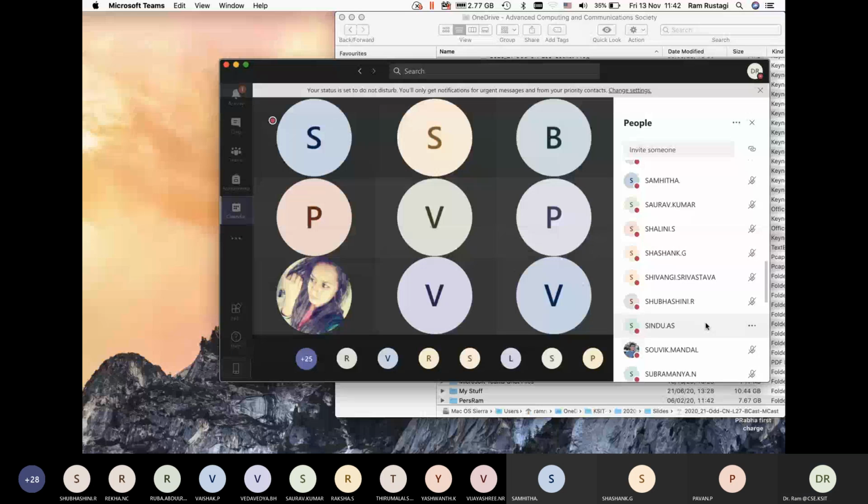Unicast means the packet is to be delivered to one specific receiver identified by the destination address. Broadcast means the sender sends only one packet, but the packet is to be delivered to all the systems in the network. Multicast means there is only one sender, but the packet is delivered to a group of machines which is well defined, identified, and the packet is delivered to only those machines.